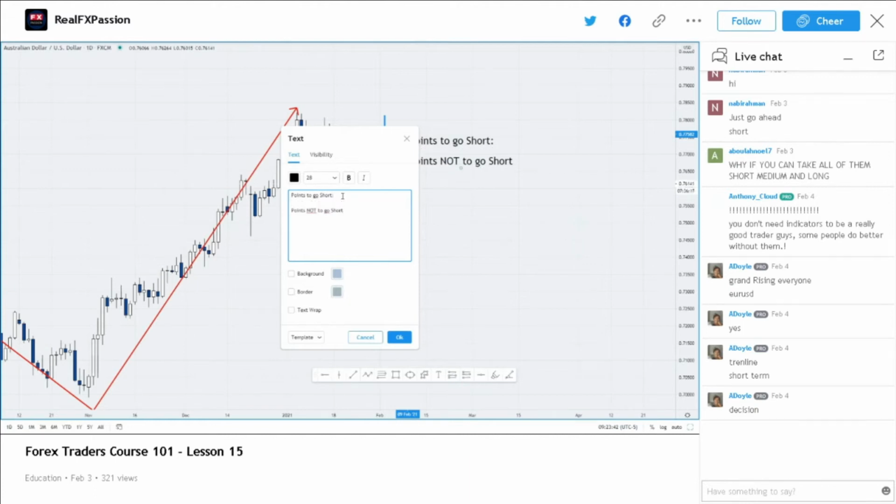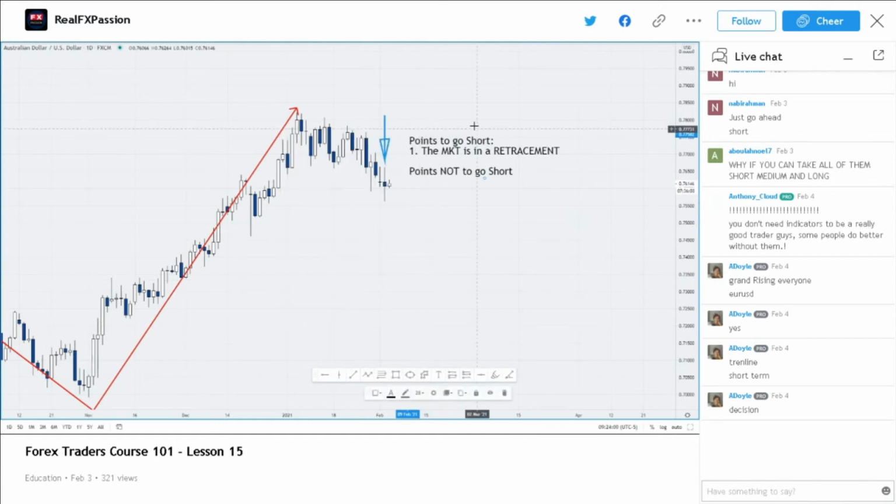Let's use plain English, points to go short. So, what is in our favor? Number one, the market is in a retracement.